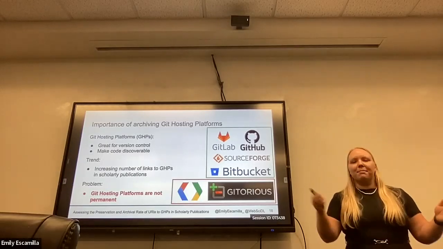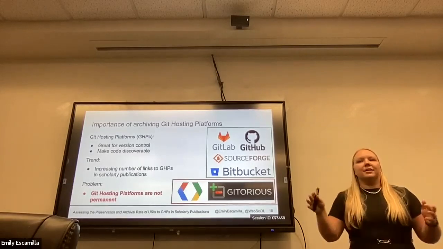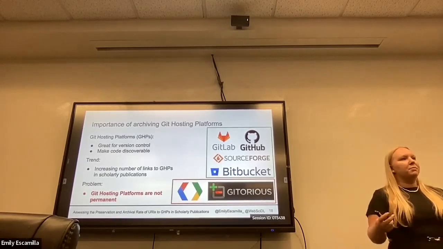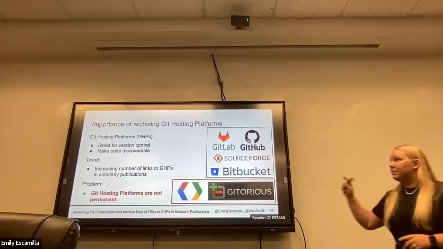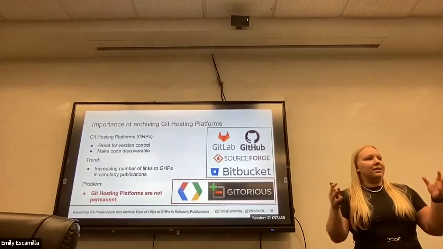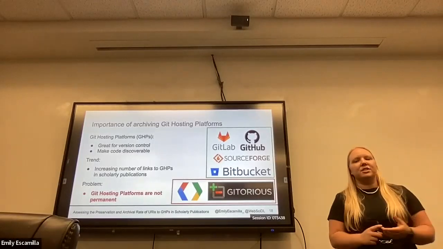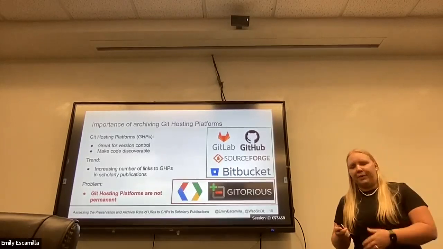So if you haven't heard of them, that's why. Even despite users depositing their code, expecting some kind of permanency, those services are no longer available. I'd also like to mention that the GHPs that are in green is what we will be collectively referring to as GHPs. So we looked at GitLab, GitHub, SourceForge, and Bitbucket for the remainder of this study.